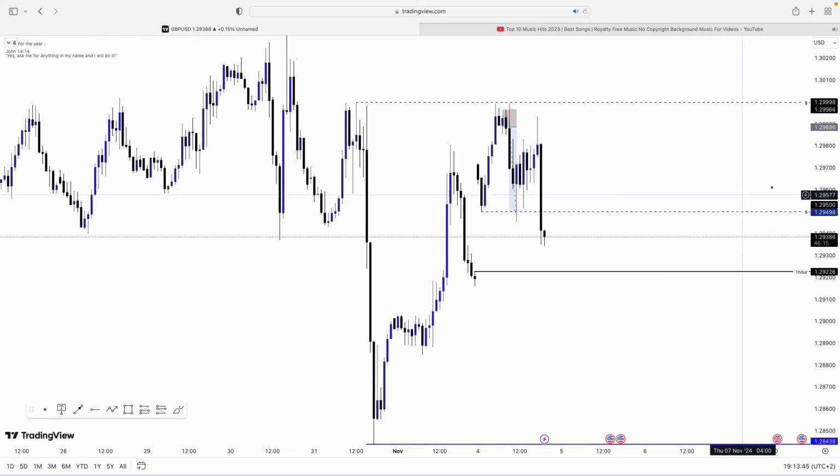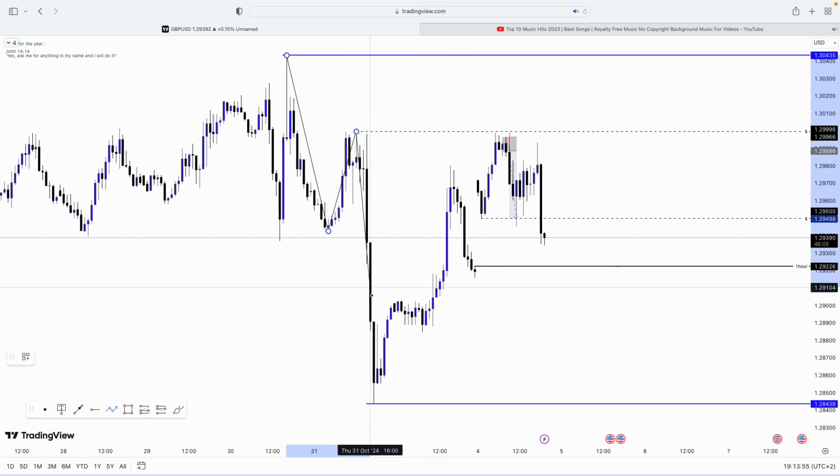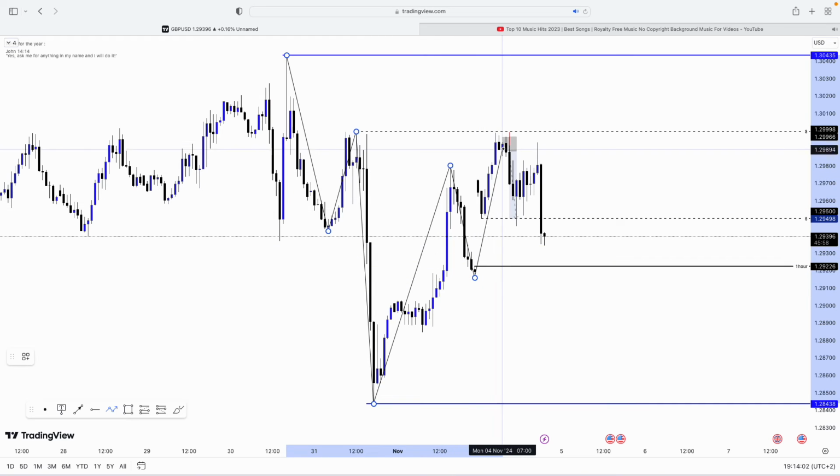Second of all, yes, 4 hour structure is bearish, but if we have a look at hourly structure, this is hourly structure. We had some minor highs and structure there, but this was ultimately hourly structure.